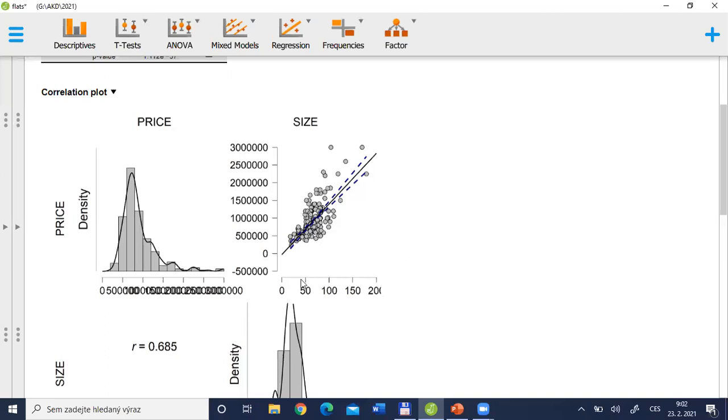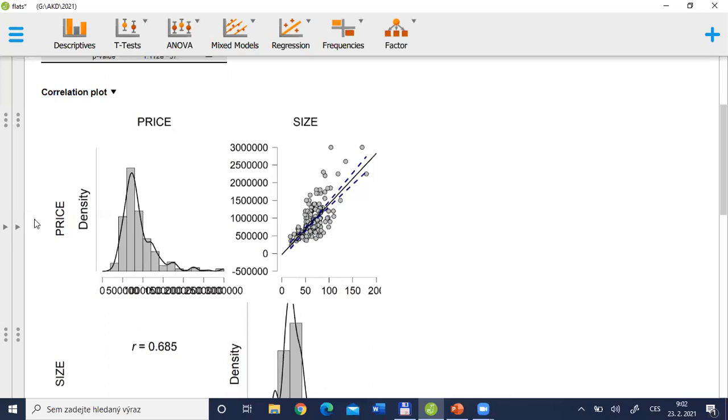We are centering this x variable to have an option to interpret the constant. If we would like to interpret the constant, as for the original variable 0 has no meaning, we shift this vertical axis, and it becomes possible to interpret the constant or intercept. So that is how it works.